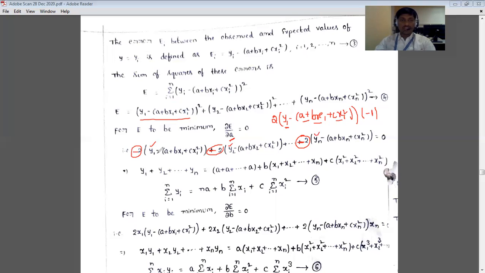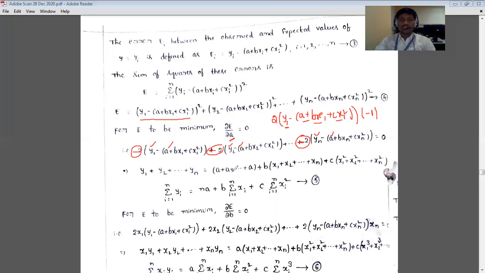So what are the remaining ones? y1 plus y2 plus and so on plus yn is equal to, by taking these to the right hand side, a plus bx1 plus cx1 square, a plus bx2 plus cx2 square, a plus bxn plus cxn square. If you observe, here we have a, here a, and here also a.